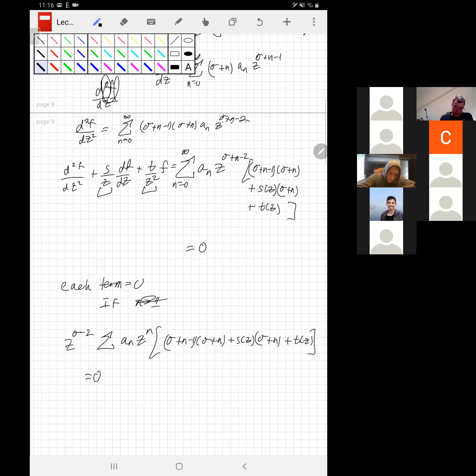And all of this has to equal 0, which means that this whole thing has to equal 0.